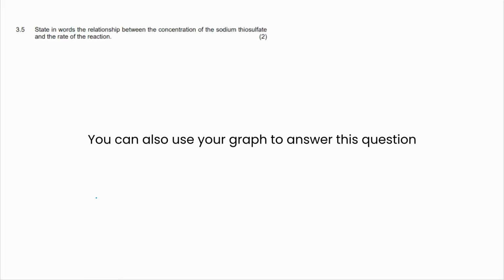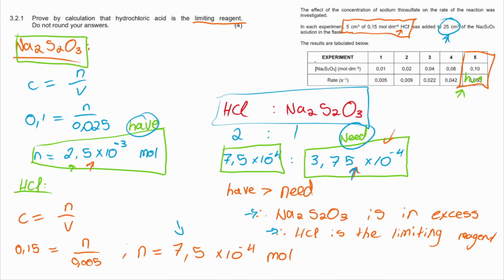Now they say state in words the relationship between the concentration of sodium thiosulfate and the rate of reaction. Well, we have this table. Here we have the concentration of sodium thiosulfate, and here we have the rate of reaction. What happens to the concentration? The concentration is increasing. And what's happening to the rate of reaction? The rate of reaction is also increasing.